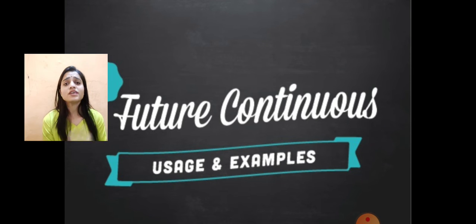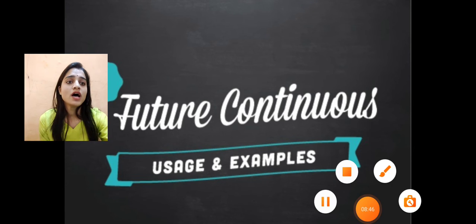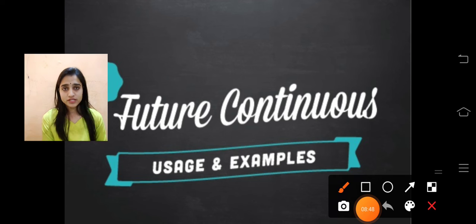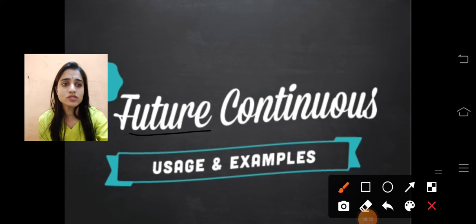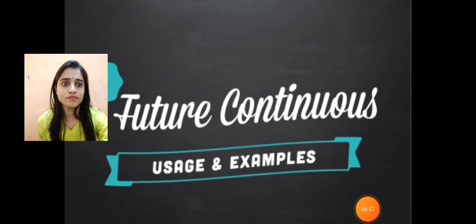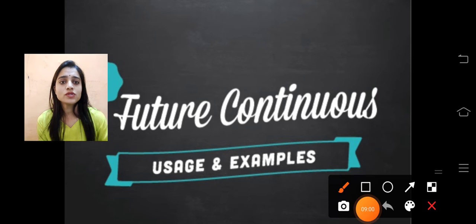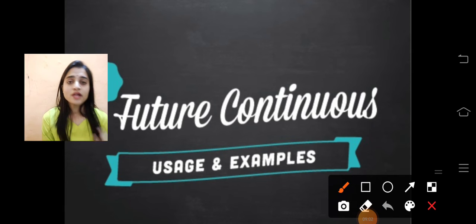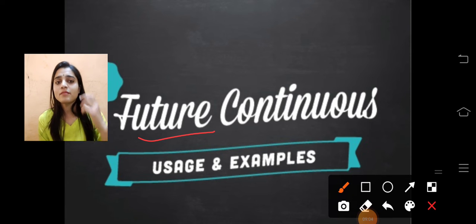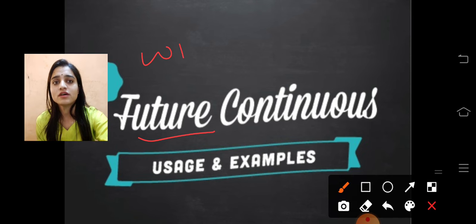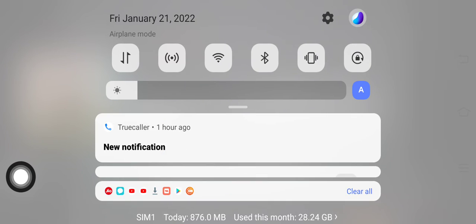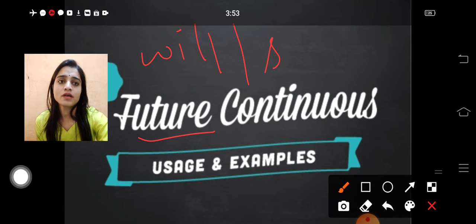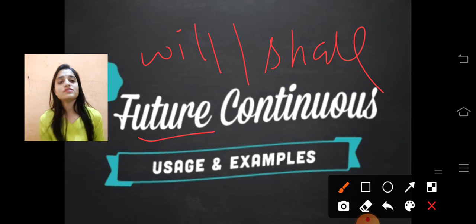If we talk about the structure of future continuous tense, then I told you to take the help of the keywords. There is a word future, and whenever we come across the word future, we know that the sentence will be having the words like will and shall.